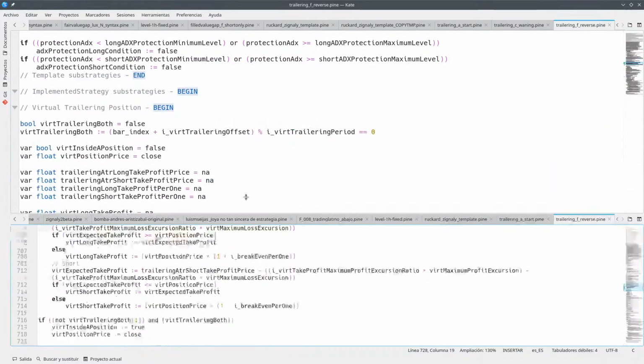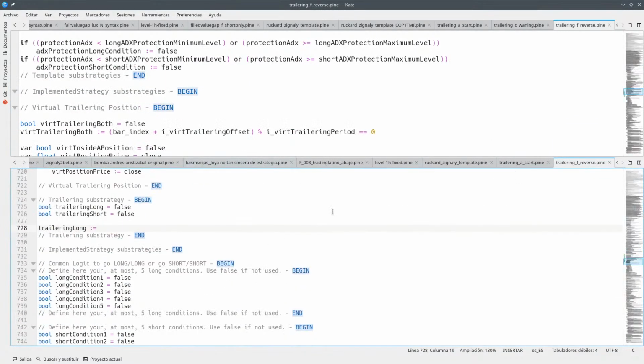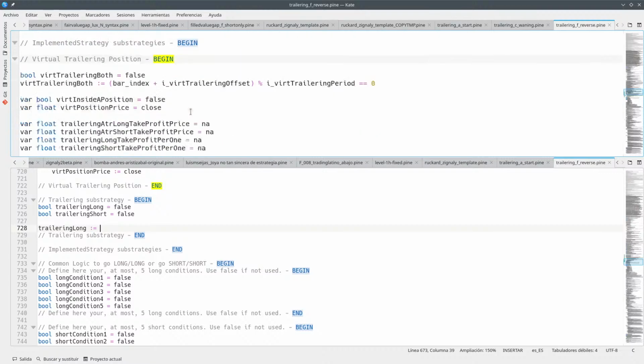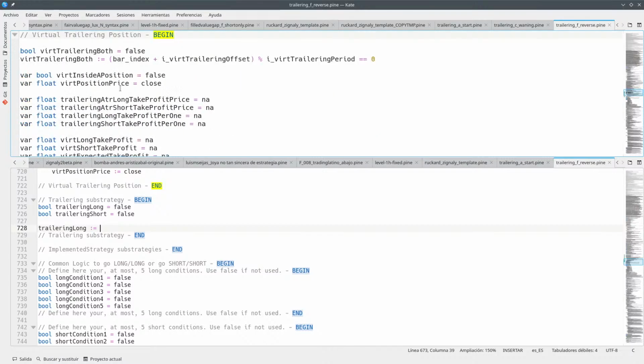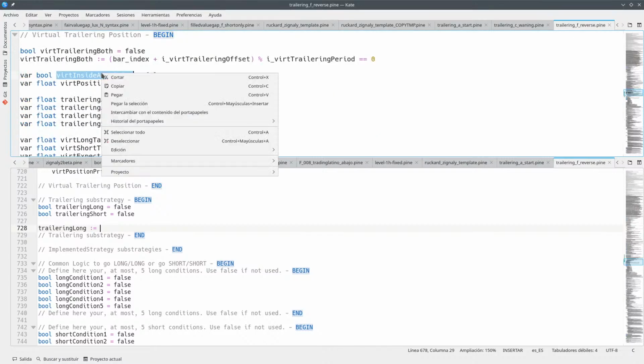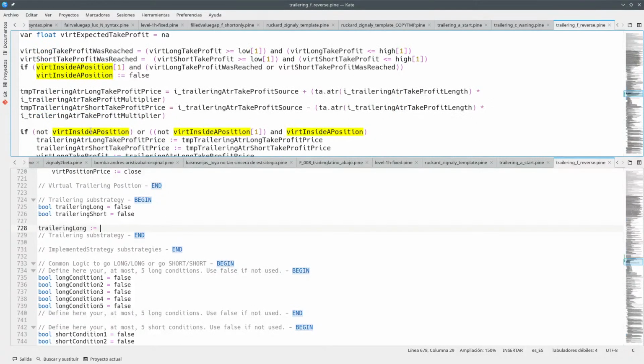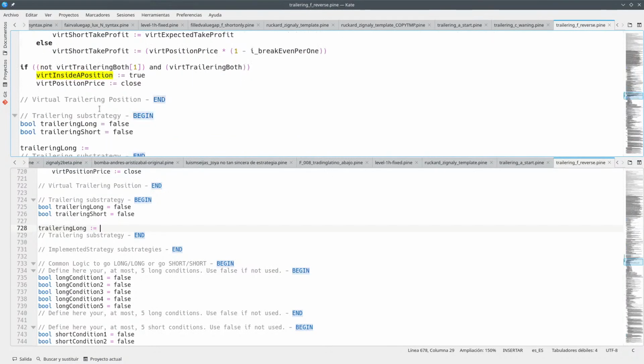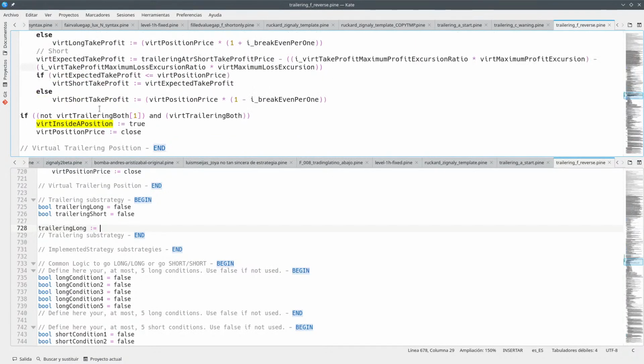Okay. What about we were in a virtual position? So this is this one here, bear inside position. So we were in a virtual position in a previous candle.